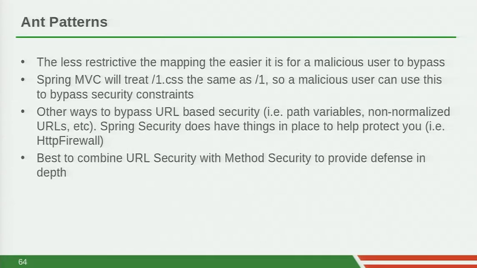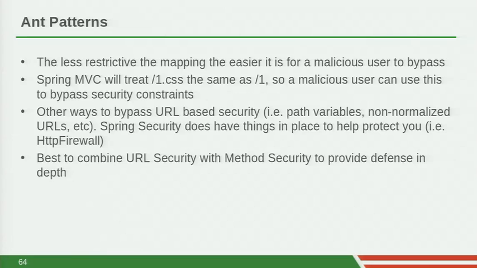And there's other ways to bypass URL-based security. For example, if you had a URL and you were trying to let anything that started with /public be public, say public CSS or whatever, someone could request the URL /public/./admin. And it's a relative path, so it looks like it starts with public, but if it's supporting relative paths, all of a sudden they've got into the admin portion of your application.